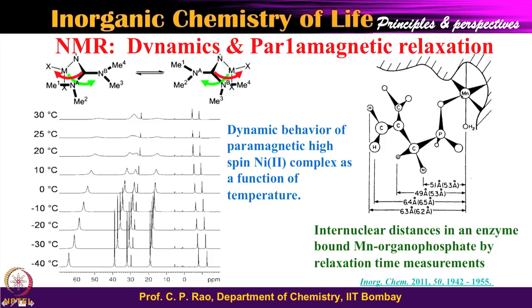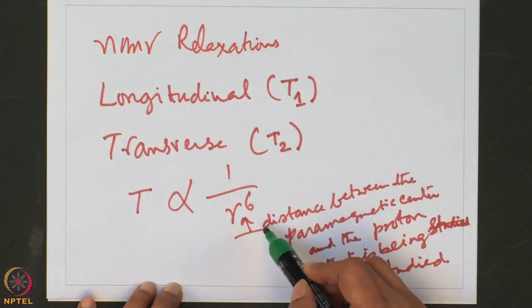And you see this is the paramagnetic center, and this proton is by this much distance, and this proton is by this much distance, and this proton is by this much distance. So by measuring the relaxation times you can get the distance. As I told you, the relaxation times and the distances are related by T proportional to 1 by r power 6.